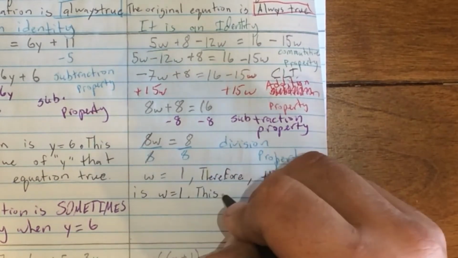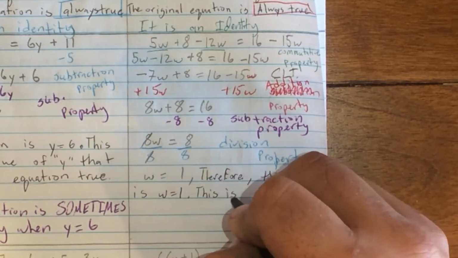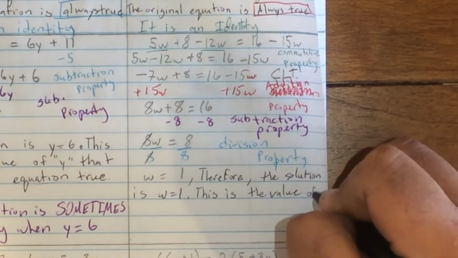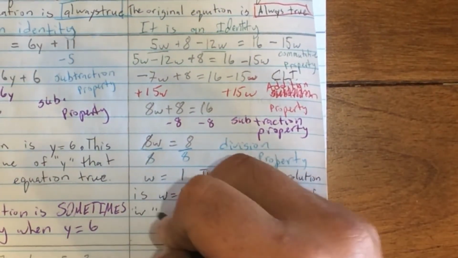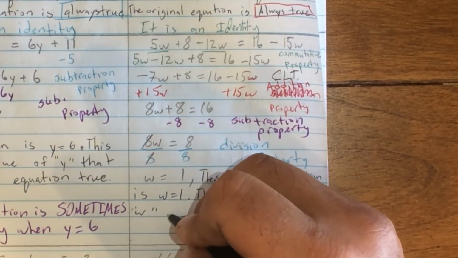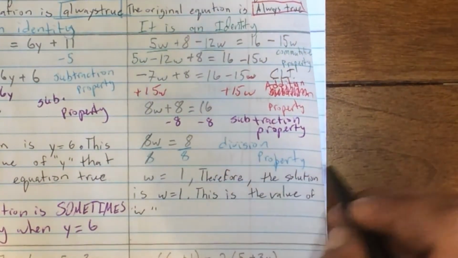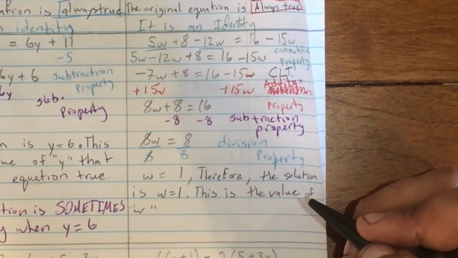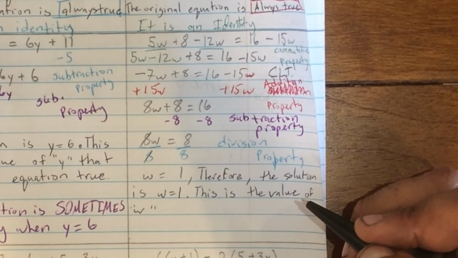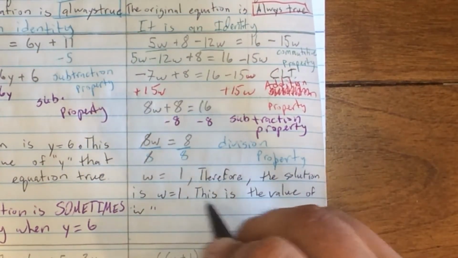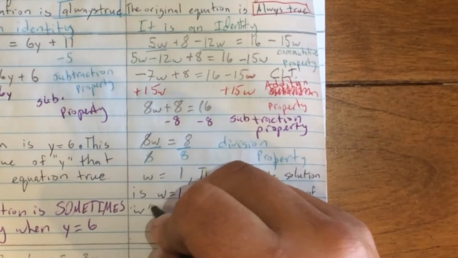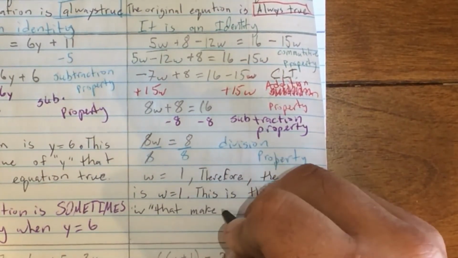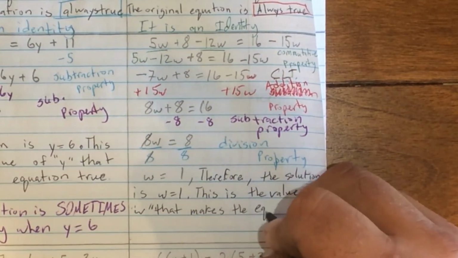This makes, oh sorry, I keep starting to say this makes the value of w, I think I wrote this wrong. This is the value of w, I just read it wrong. That makes the equation true.